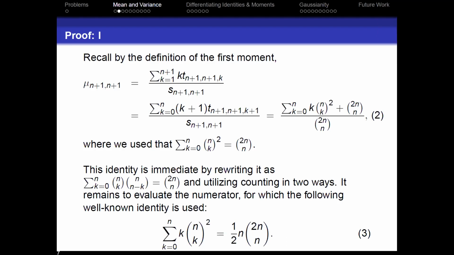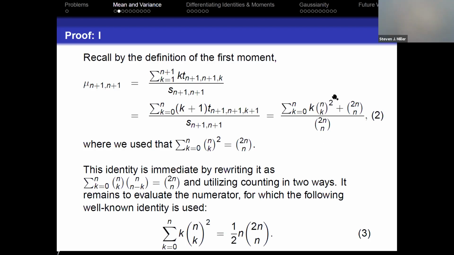Can you explain more how you arrive from the sum of k equals 0 of k plus 1 times T n plus 1, n plus 1, k plus 1 over S n plus 1, n plus 1 to the thing on the right? Sure. When k hits the T's from last lecture, T n plus 1, n plus 1, k plus 1 is just n choose k squared.